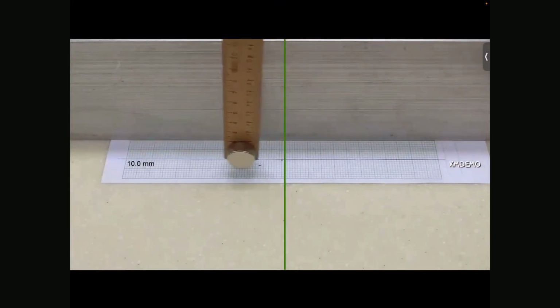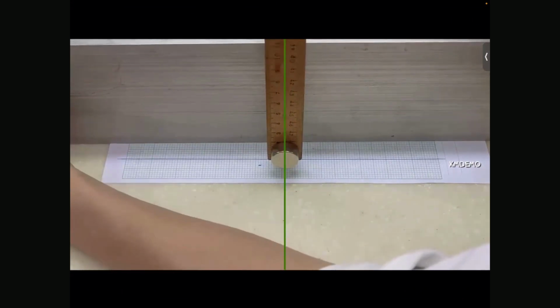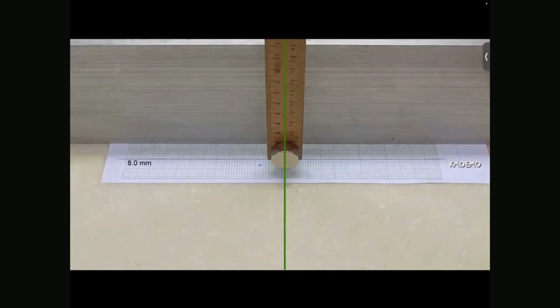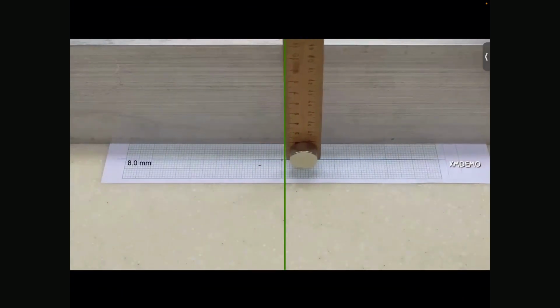See what happens. Okay, so again there was oscillation, but this time what happened here? Yeah, it stopped a little faster, but it is still what damping, under damping, right? Because many oscillations are not happening now, it's still under damping.